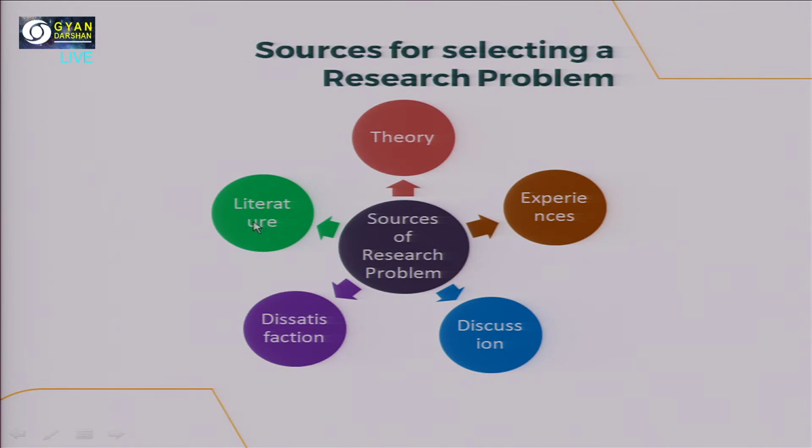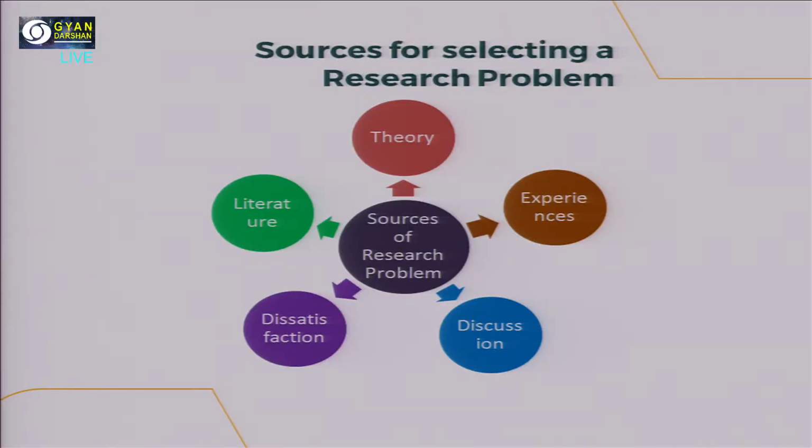Literature review, or the available literature, will also equally help you in selecting a good problem. Literature will help you see what has already been done, what different researches have already been conducted, and what things have not been conducted. After all, when we conduct a study, our aim is to provide a certain newness and innovativeness to the problem.